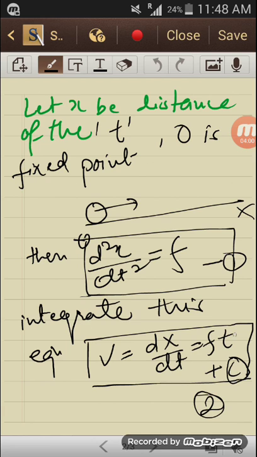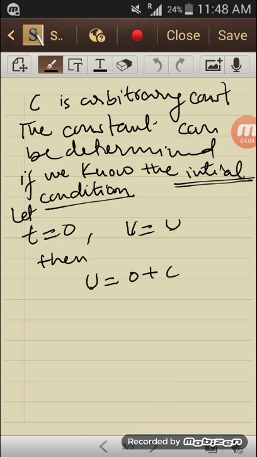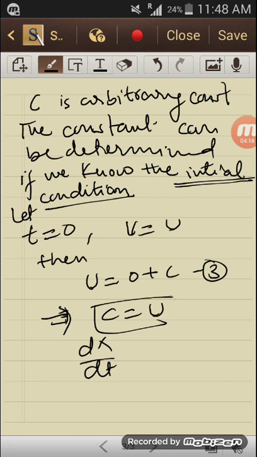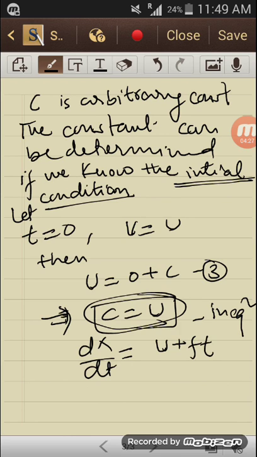So this equation 3 implies c is equal to the initial u. If we put this in equation first, we get dx by dt equal to u plus ft. Suppose this is equation number 4.